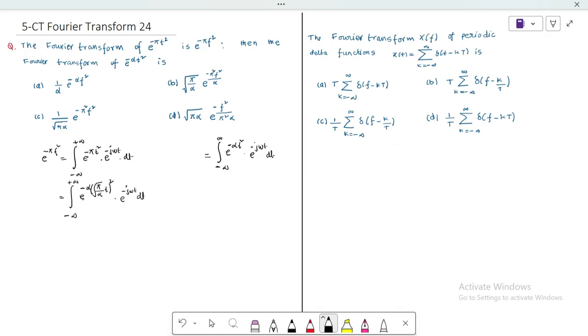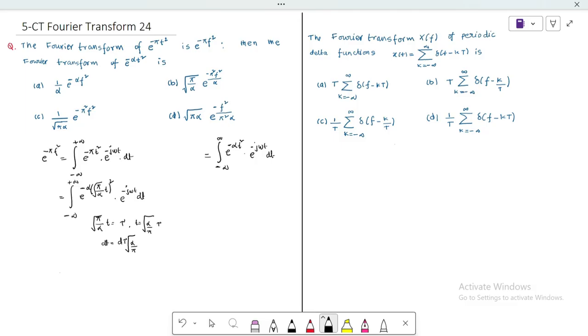I'm going to change this variable. So pi by alpha under root t, I'm assuming tau. So dt equals d tau into under root of alpha by pi, and t equals under root of alpha by pi into tau.